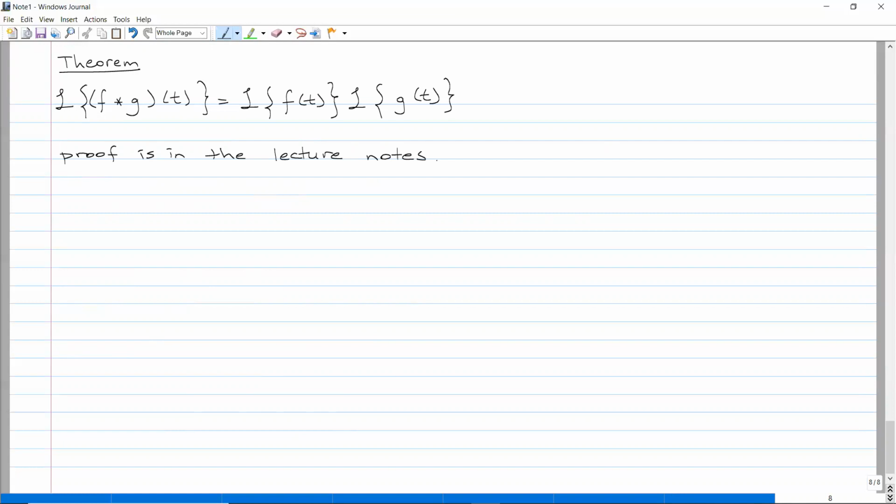I want to show you examples. We can use this to find the inverse Laplace of something like s squared plus 5s plus 4.